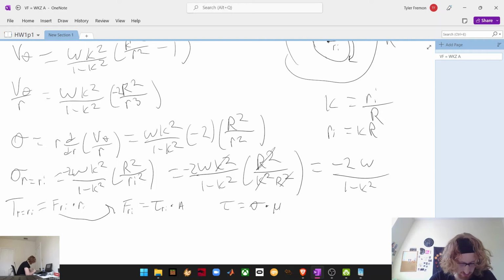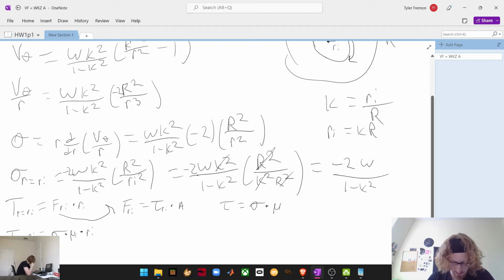So substituting in, we have torque at R equals Ri is equal to shear stress times viscosity times our radius times A from over here.